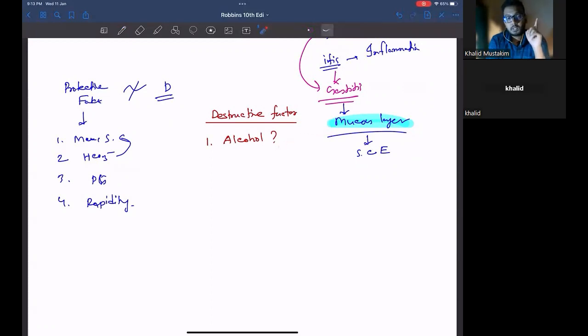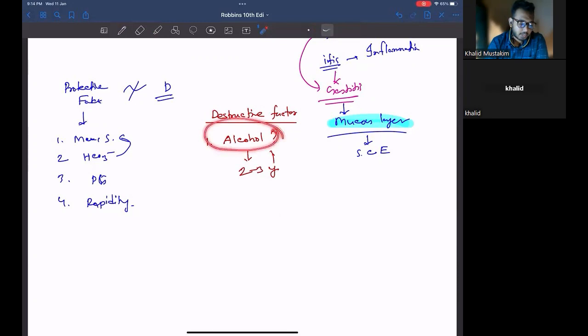I have told you earlier that no patient ever comes to us with a one day problem, saying I have taken alcohol yesterday and I am facing some problem today. No patient will come to you like this. But if a person has a history of nearly 2 or 3 years of alcohol consumption, what does alcohol do?